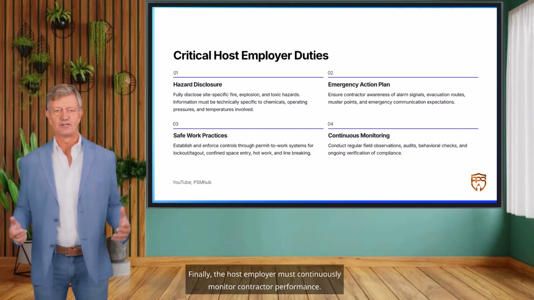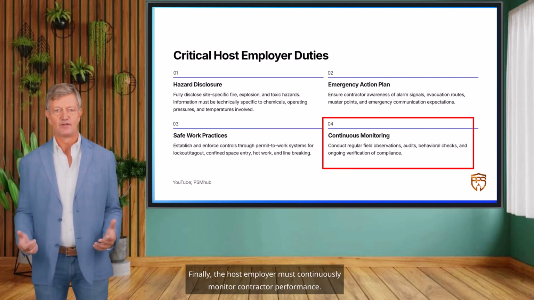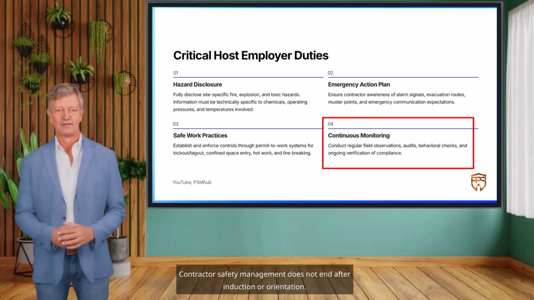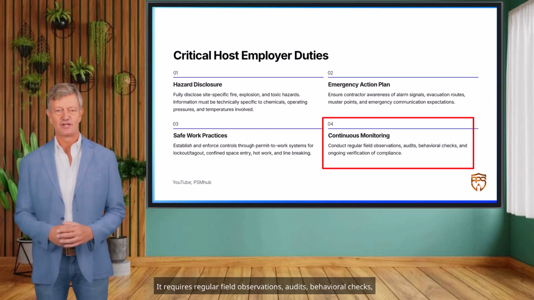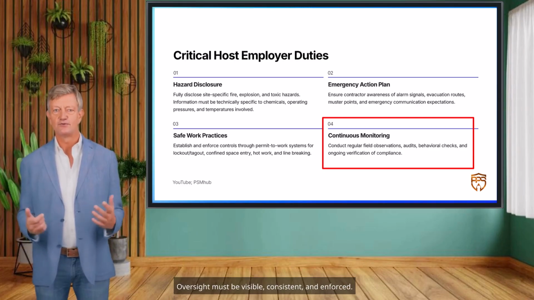Finally, the host employer must continuously monitor contractor performance. Contractor safety management does not end after induction or orientation. It requires regular field observations, audits, behavioral checks, and ongoing verification that contractors are following site safety rules. Oversight must be visible, consistent, and enforced.